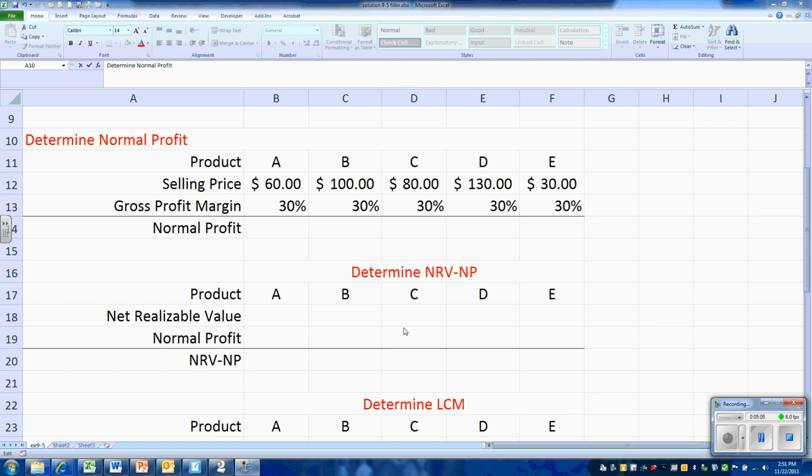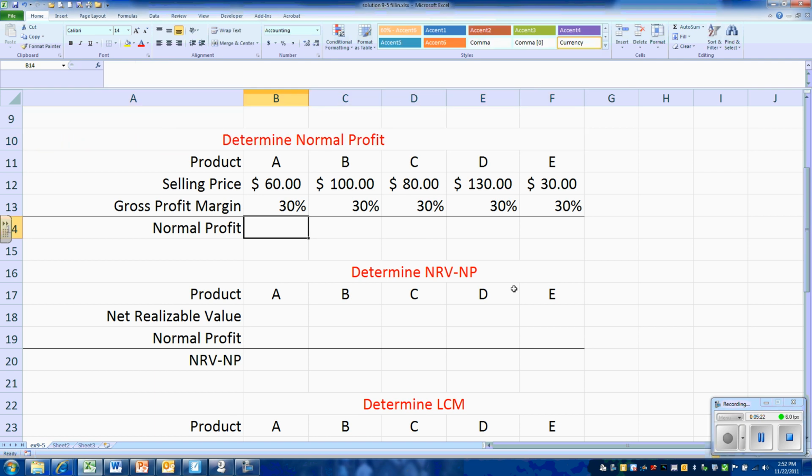So let's go over and determine our normal profit. On this section of the spreadsheet, again, I have all the products, the selling price, which came from the problem, and the gross profit margin, which is also given at 30% for each item.